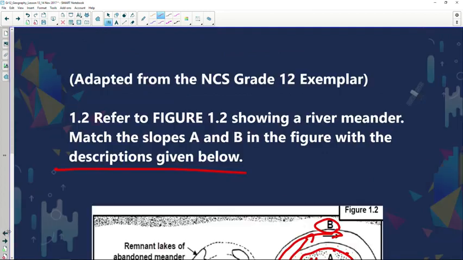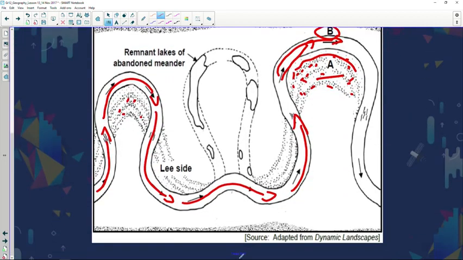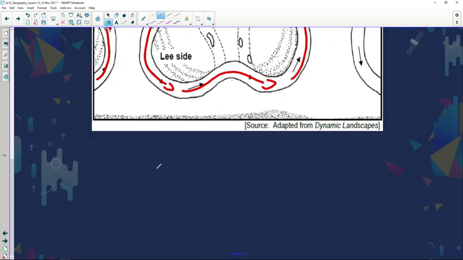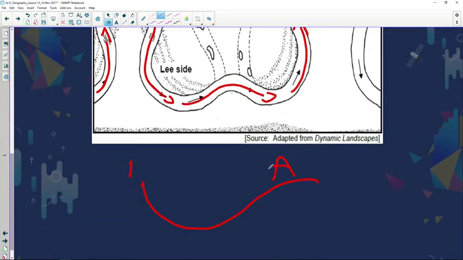If we quickly look at a transverse profile, I'm going to draw it over here for you from A to B. This is A and this is B. So B is where the erosion takes place and A is where the deposition takes place.